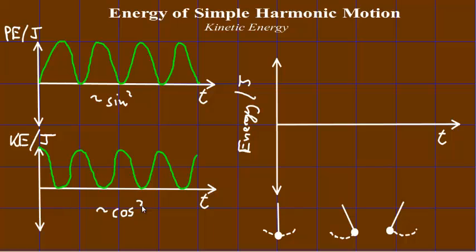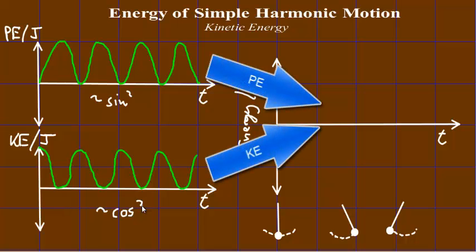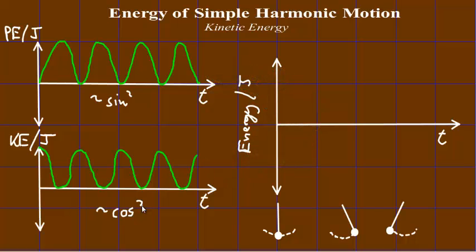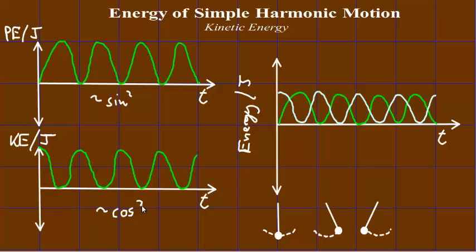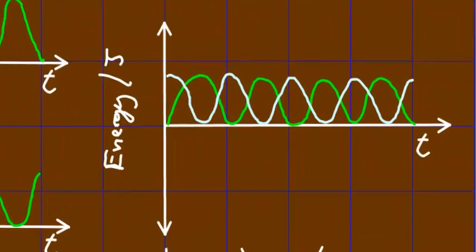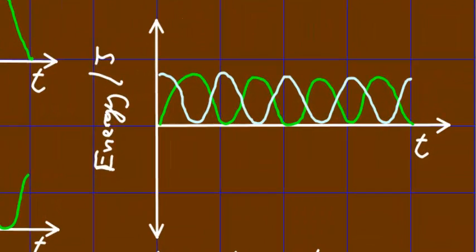What I want to do now is, on the graph to the right, put both of these in a different color, but on the same graph, so you can see how they correspond to one another at different points in time. Okay, you see both graphs together, and I should mark these. That would be the PE, and in light blue, you see the KE.